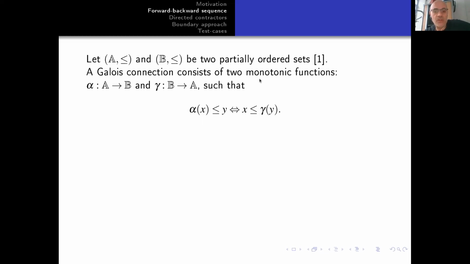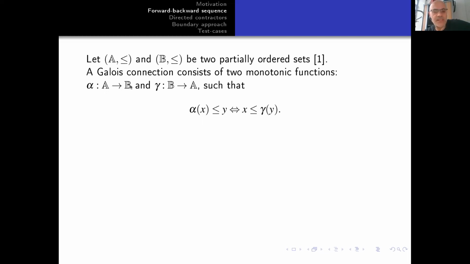You have two monotonic functions, one called alpha and one gamma. A is the concrete set, for us the set of all subsets of Rn, and B corresponds to the set of all boxes.